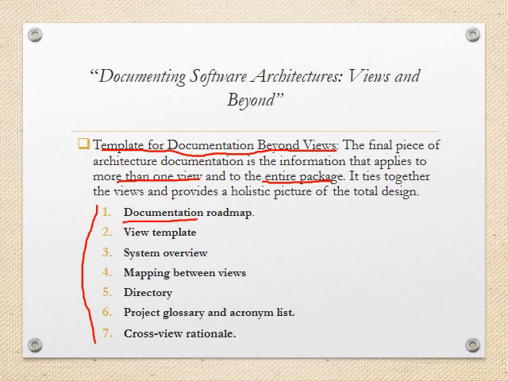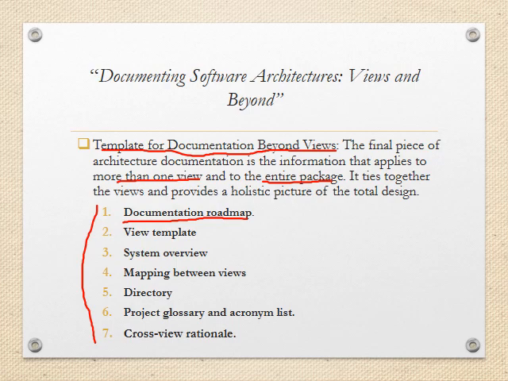Section 1 is the documentation roadmap. The documentation roadmap is the reader's introduction to the information that the architect has chosen to include in the suite of documentation. It is an introduction provided by the architect to the reader so that they know which parts, or which views, the architect chose to put in their document.